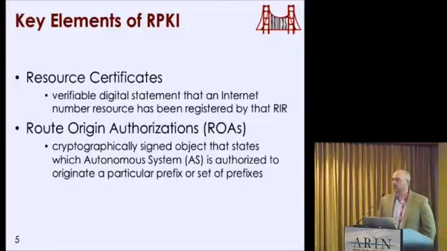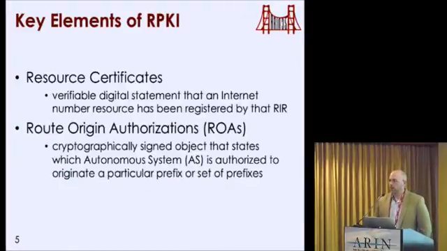Again, resource certificates and ROAs. The resource certificates are really when I talked about the certificate authorities. A resource certificate is a CA certificate, and it has what's called RFC 3779 extensions in it. And what that does is that's an extension for X509 certificates that lists all the IP addresses and autonomous system numbers that have been assigned to a resource holder.